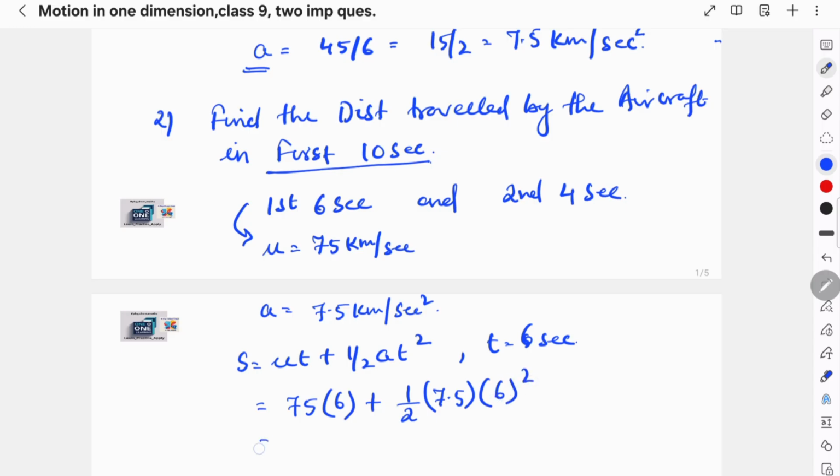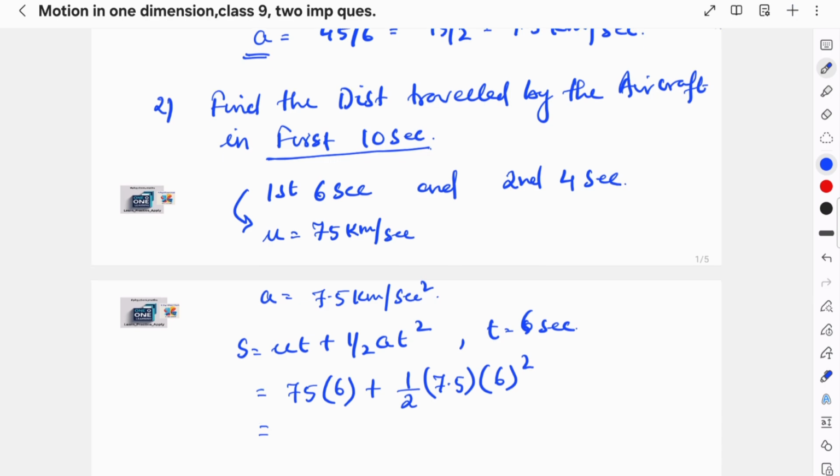So when we solve this, we get 450 plus 135. So this becomes 585, which is the distance.